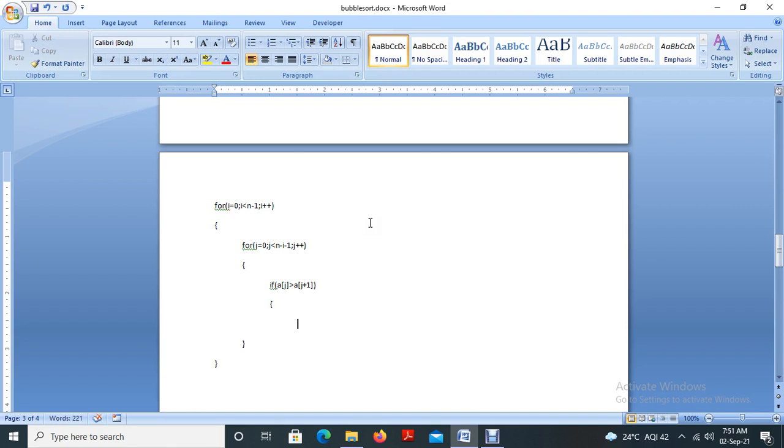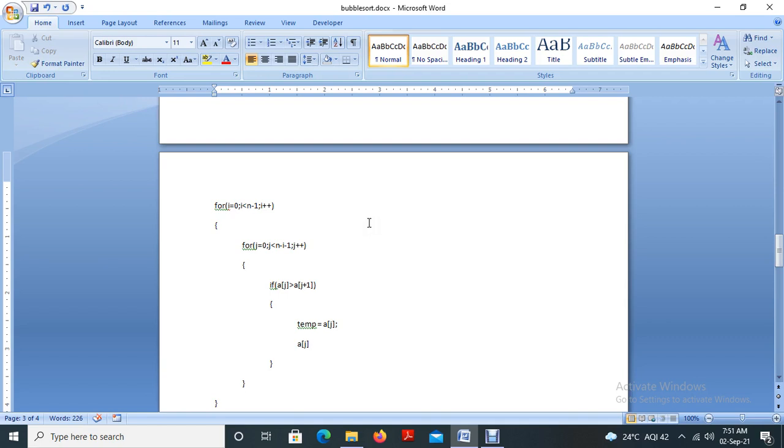It's very interesting. I am using a temporary variable, temp, which you may study in your plus 2 classes. Temp equal to a of j. Temp is a temporary variable.